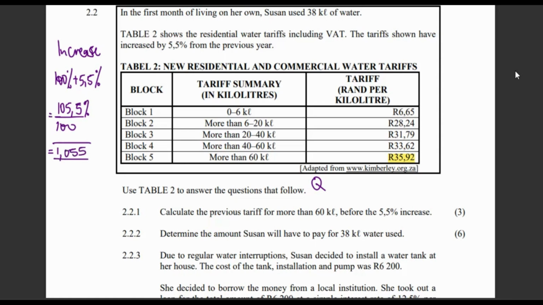So this price that we don't know was multiplied by this number, 1.055, and they got their answer as 35.92. So since we are multiplying, we divide by that much.